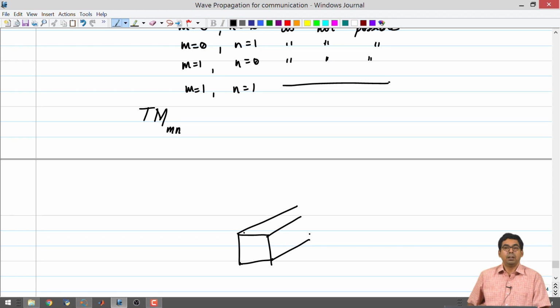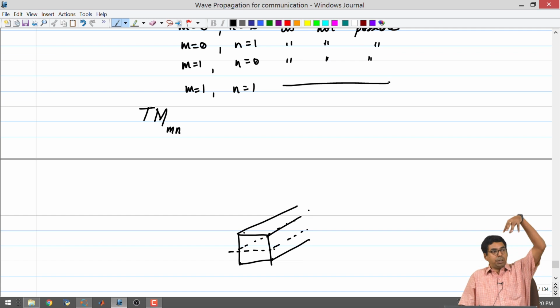This is the schematic of the waveguide that we are considering. It is approximately a square in the transversal section and a long waveguide in the longitudinal section. I will take a slice right at the middle and plot. That means I am looking at the top of the waveguide.